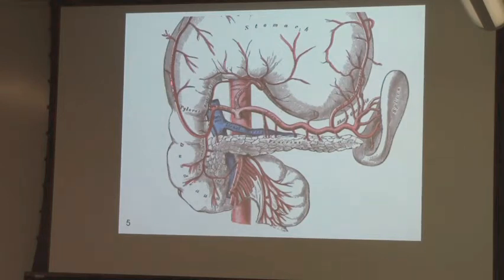This one, which you could predict is the right gastroepiploic, branches off of the hepatic artery here. Actually, this part of it is called the gastroduodenal. So coming off of the hepatic is the, what did I tell you about before? I told you about the right gastric.